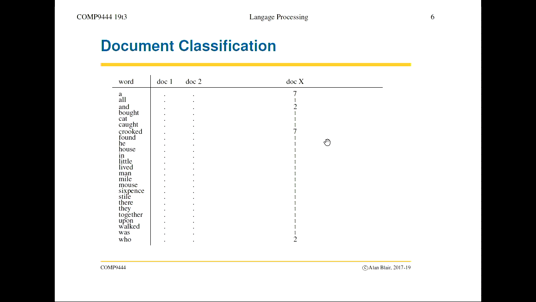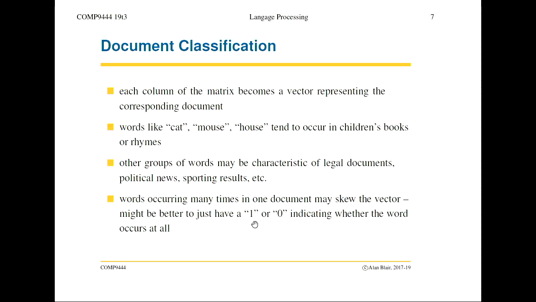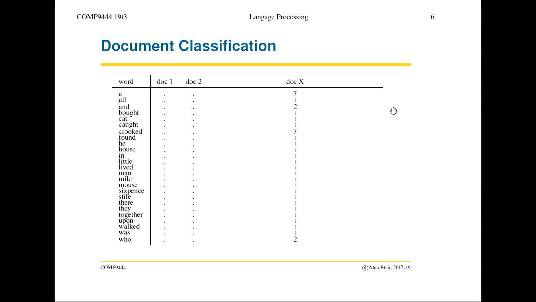Of course, you can do intermediate approaches. You could put 0, 1, or 2. You could calculate the log of how many times it appears, but often these simple approaches work pretty well. So 1 means that the word occurs in the document and 0 otherwise, but you would still get the same idea with this matrix.